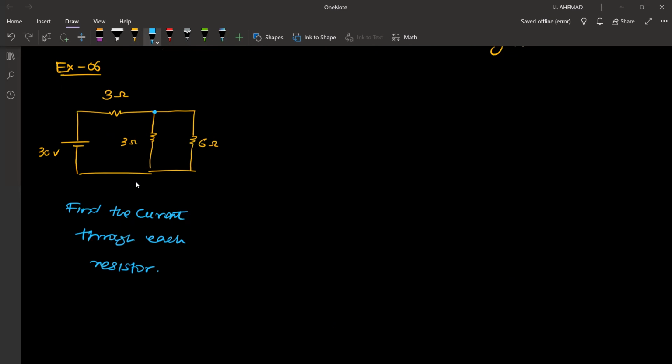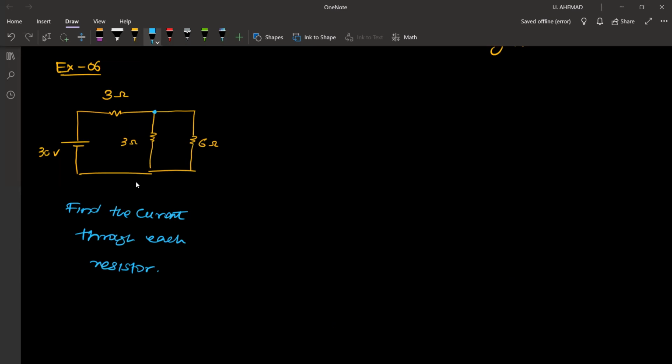So here, the first important thing is to mark the current in each branch. So we call these resistors as branches. Okay. So we have to mark the current in these branches and then we can solve.